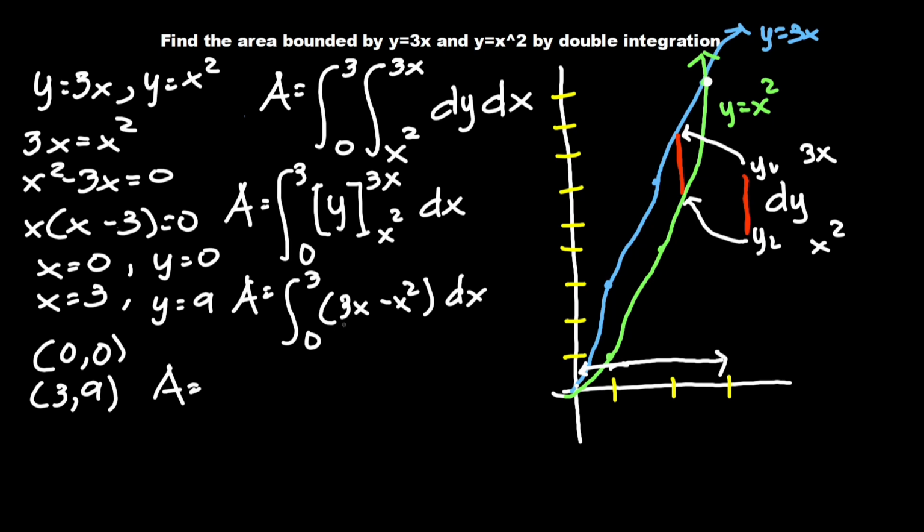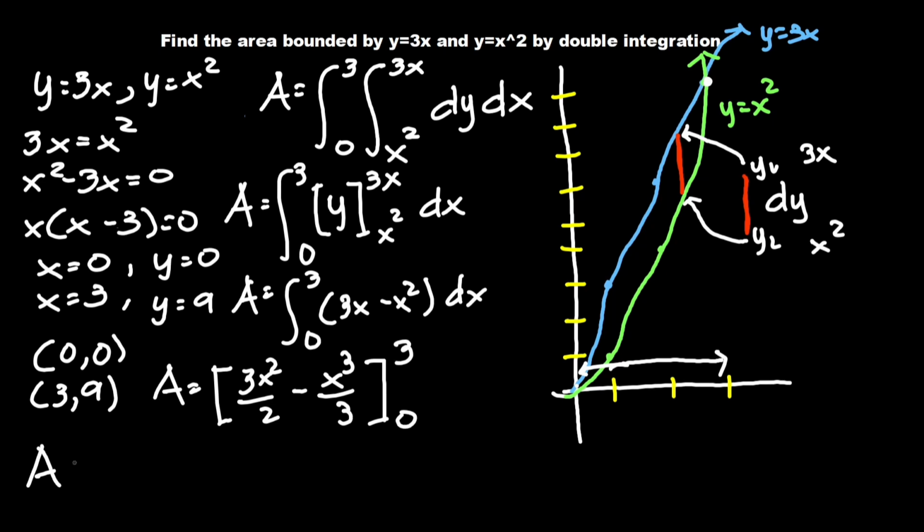And so integrating this, the integral of 3x is 3x squared over 2 minus the integral of x squared, which is x cubed over 3, with the upper limit of 3 and lower limit of 0. So the area right here is 3 multiplied by 3 squared over 2 minus 3 raised to the power of 3 over 3.